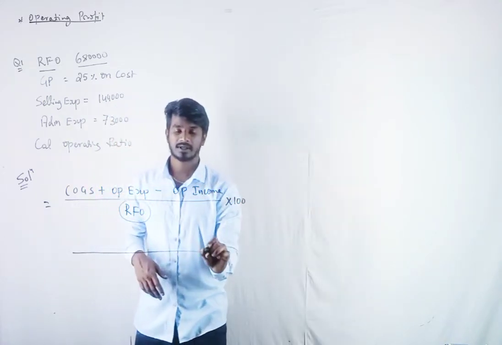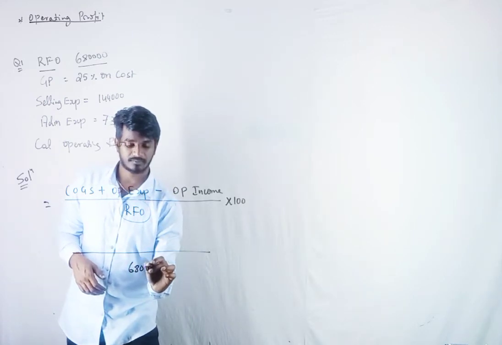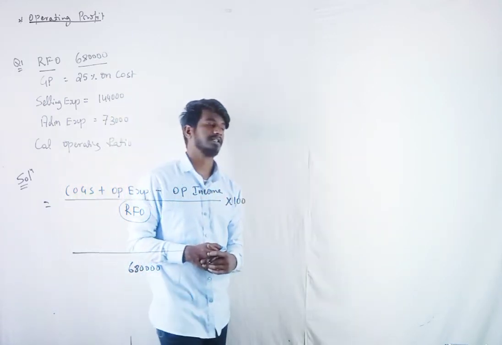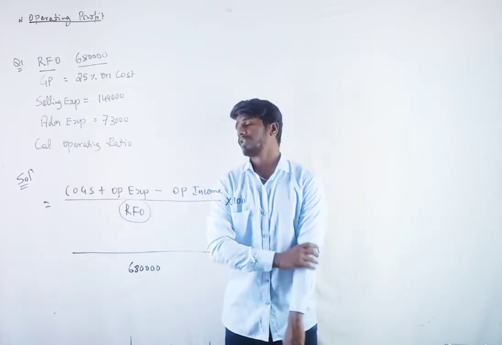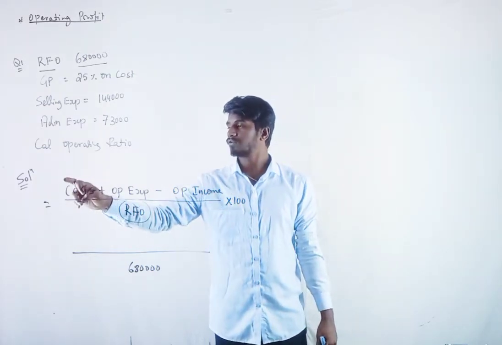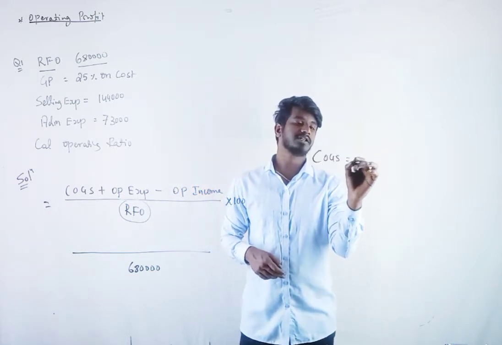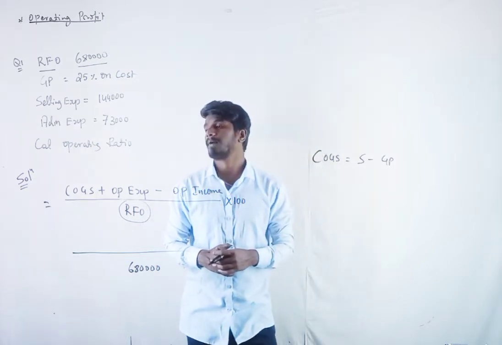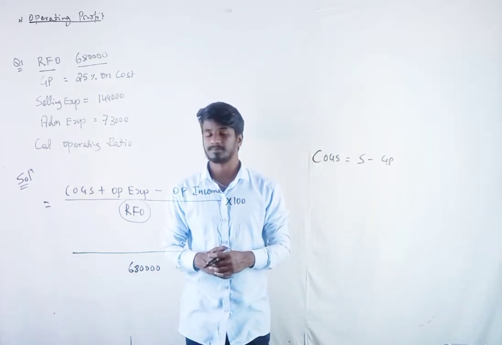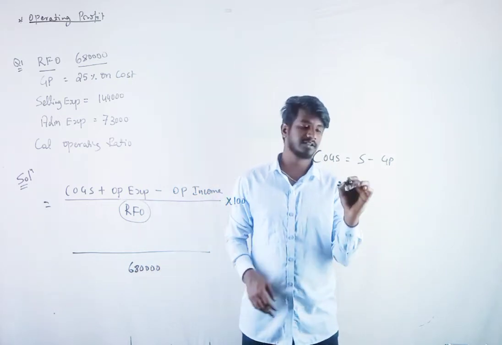They have given sales 6,80,000. We need cost of goods sold. Cost of goods sold is equal to sale minus gross profit. What is sale? 6,80,000.